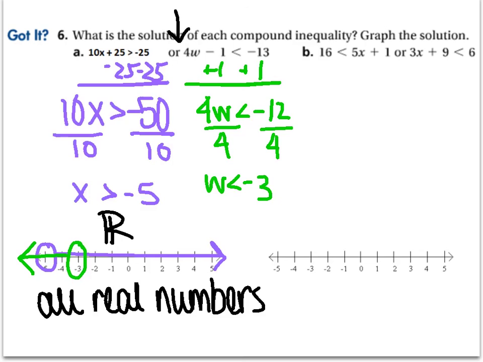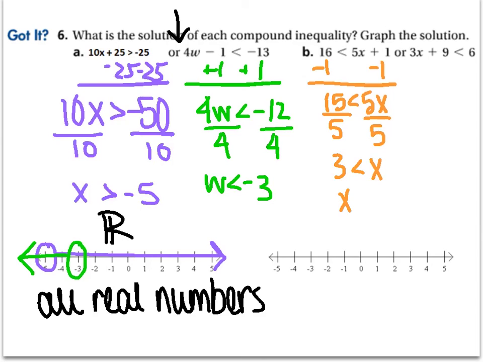And let's finish up with example B. We've got 15 less than 5x. So 3 is less than x. And I like to switch that to say x is greater than 3.